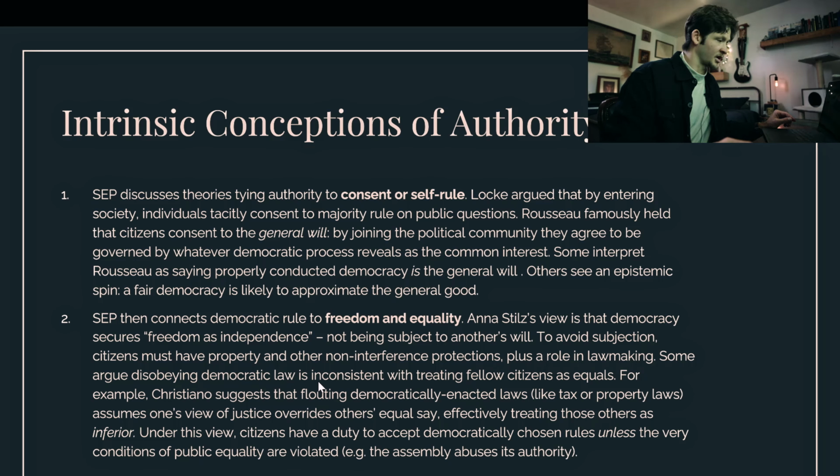Some argue disobeying democratic laws is inconsistent with treating fellow citizens as equals. For example, Christiano suggests that flouting democratically enacted laws, like tax or property laws, assumes one's view of justice overrides others' equal say, effectively treating those others as inferior. Under this view, citizens have a duty to accept democratically chosen rules unless the very conditions of public equality are violated, e.g. the assembly abuses its authority.